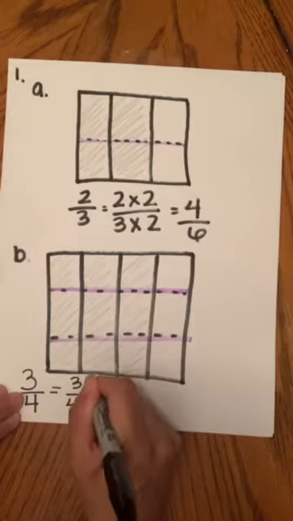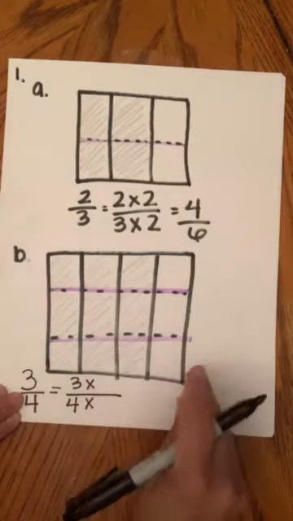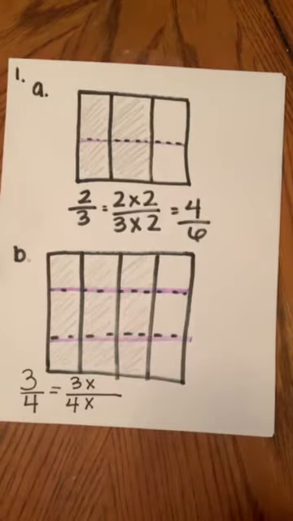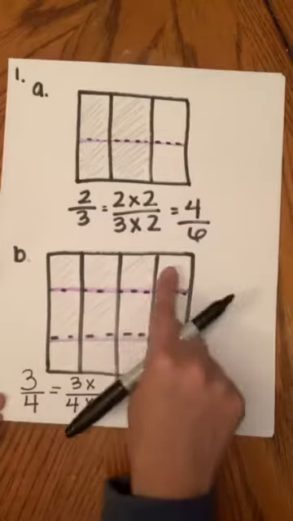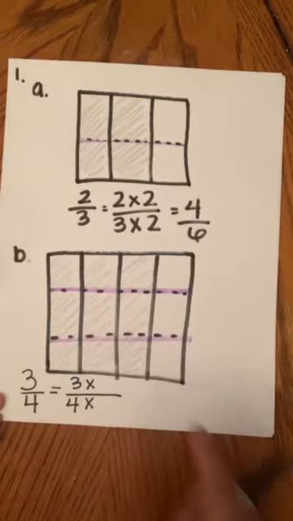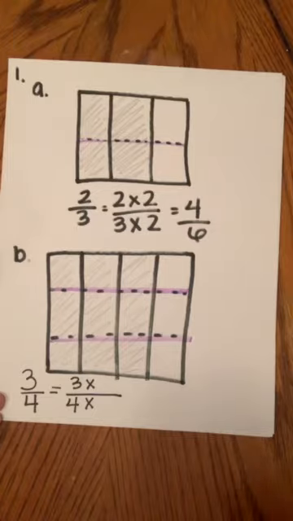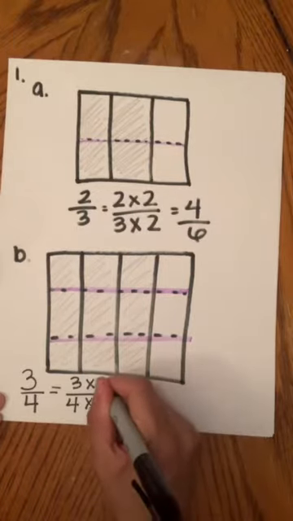And I know I'm going to multiply. But Miss Martinez, what are you going to multiply by? Well, let's see. How many rows do I see here? Looks like I see 3 rows, right? So let's multiply by 3.